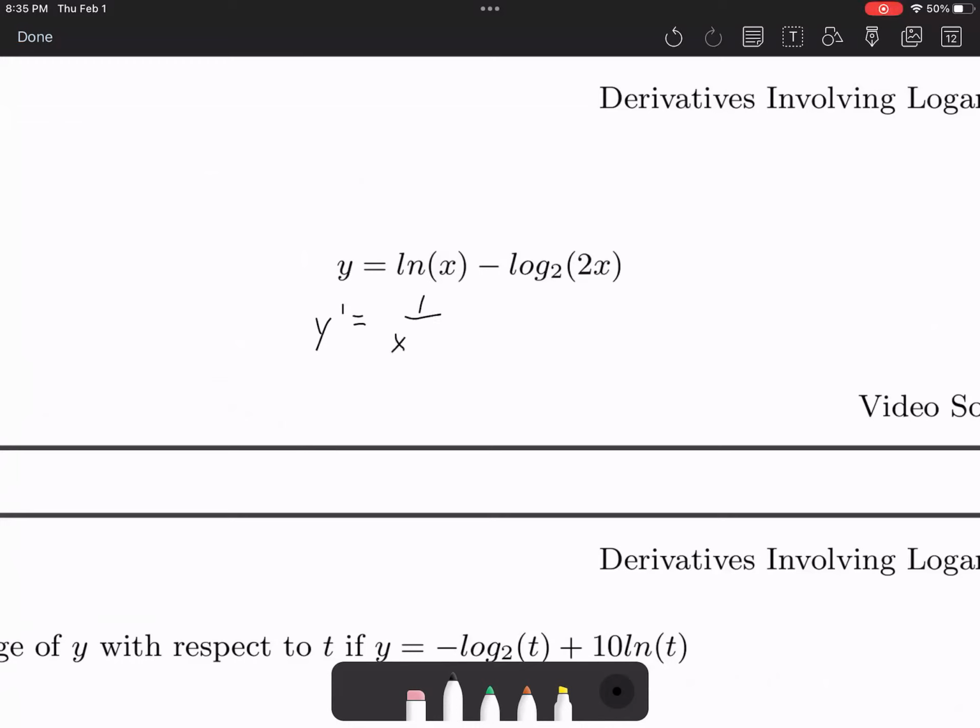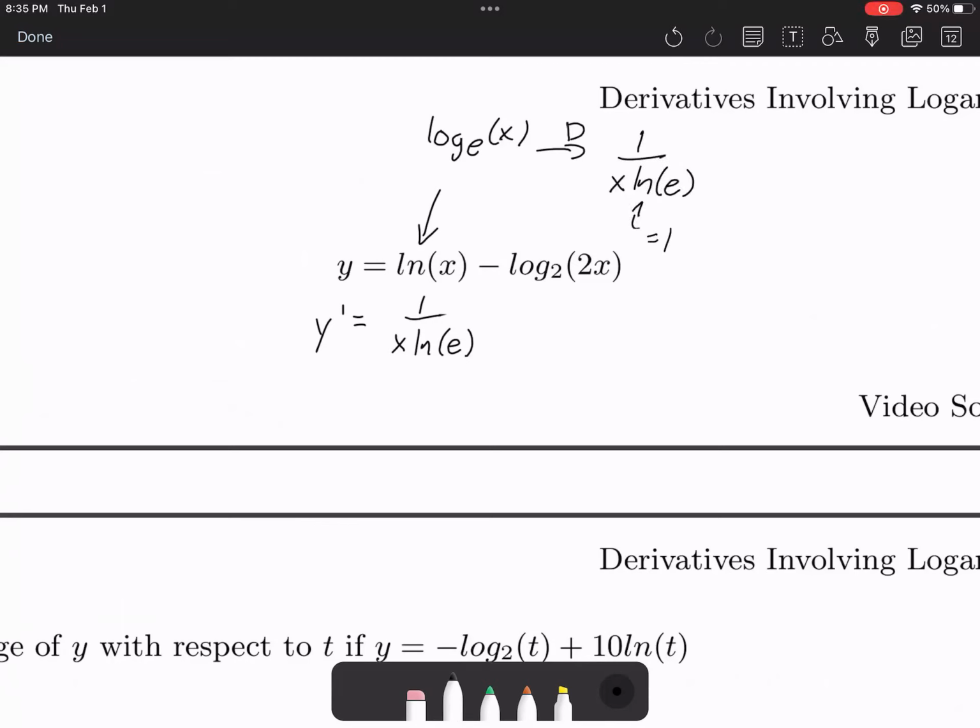In fact, let's just keep with the rule, natural log of e, right? Because if I rewrote this natural logarithm as a log base e, then it differentiates to 1 over x natural log of e. And natural log of e is just equal to 1.